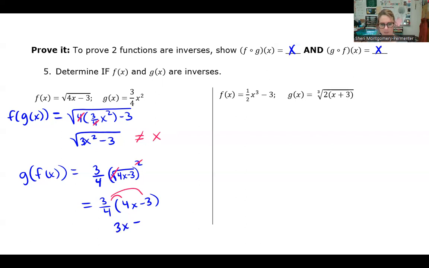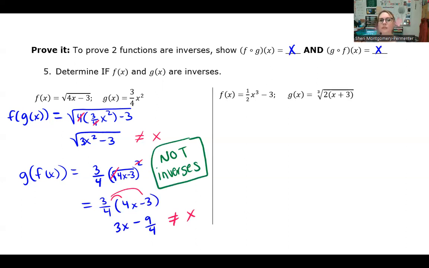But then it's 3/4 of 3, so that's 3 times -3, so -9 over 4. At this point, that does not equal x. So we can say these are not inverses. They are not inverses of each other.